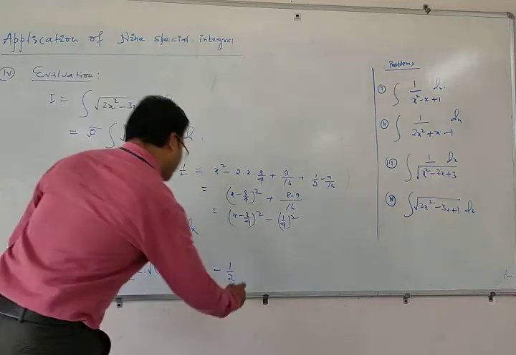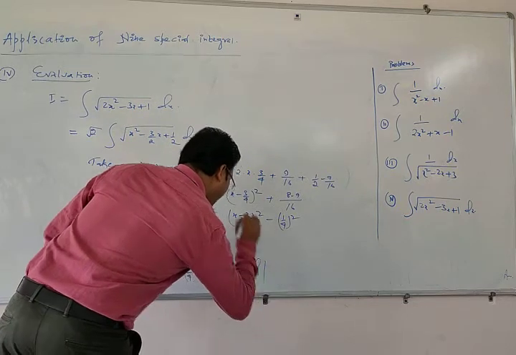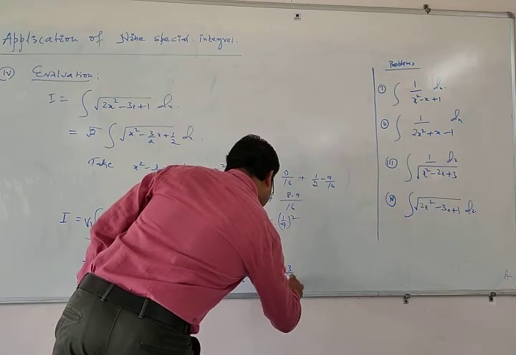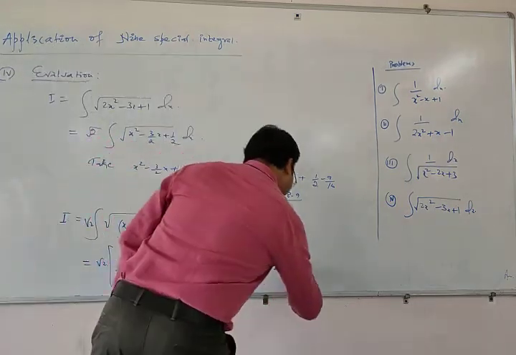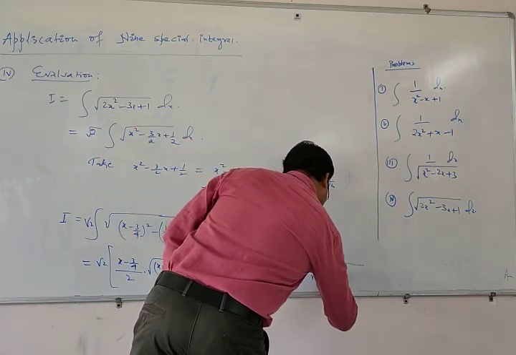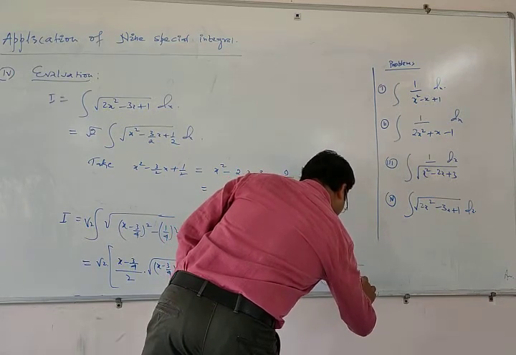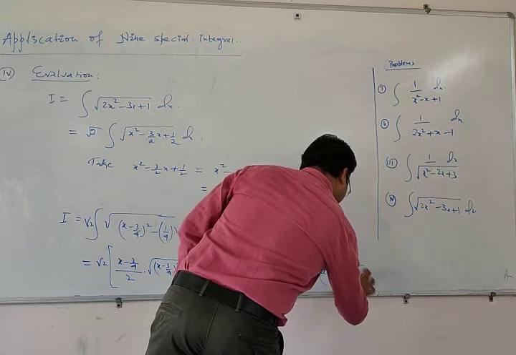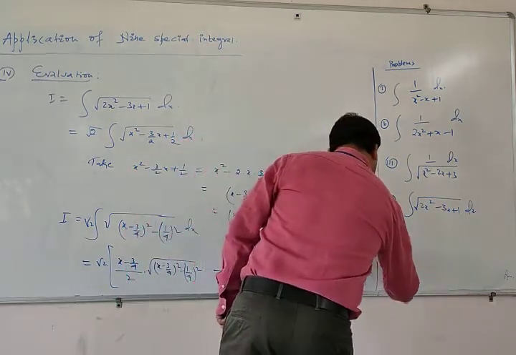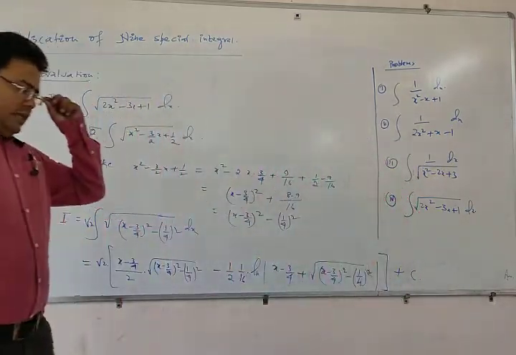In place of a square, you can write 1 by 4 squared, which means 1 by 16, into ln mod x. In place of x, you can write x minus 3 by 4, plus square root of x minus 3 by 4 whole square minus 1 by 4 whole square, close of modulus, and this is close of big bracket, and finally you can write the constant term c.